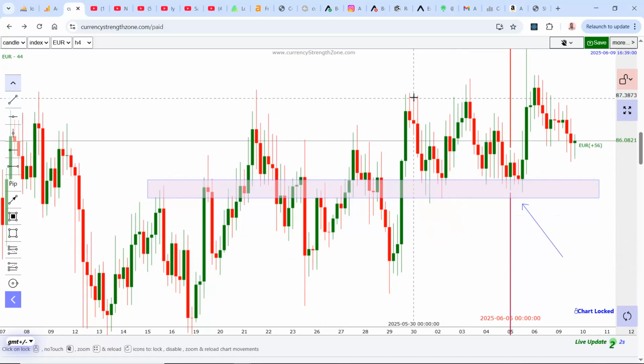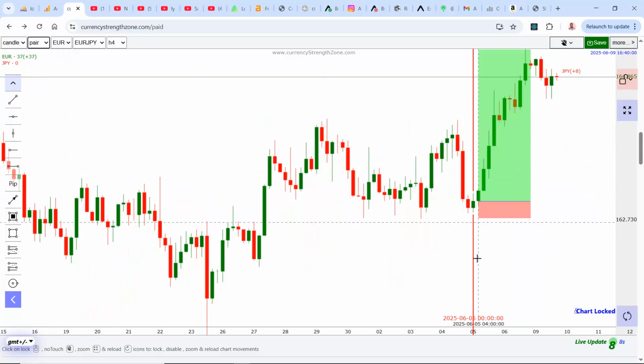So Euro was having a buy setup. So for this pair, Euro has to have a buy setup.